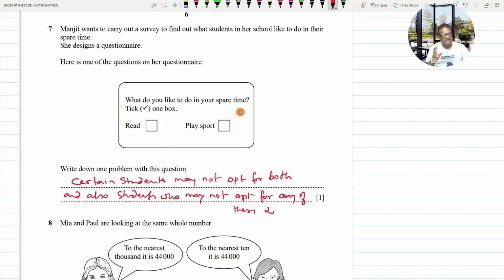So this questionnaire is only for those students who are either playing sports or reading books during their spare time. But there may be students who are neither doing these two things, or maybe they are doing both the things. Okay, so that is the problem with this particular question. So this has to be the answer.